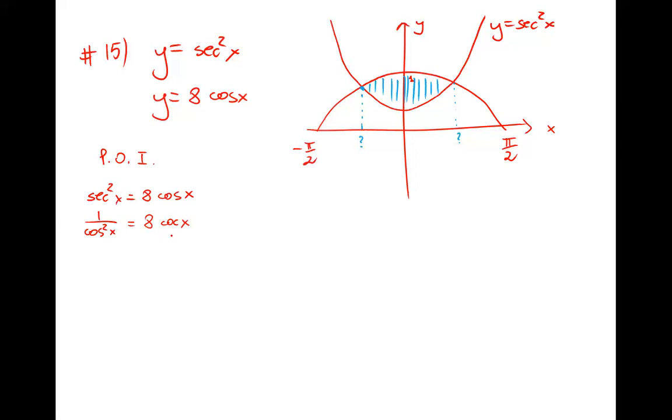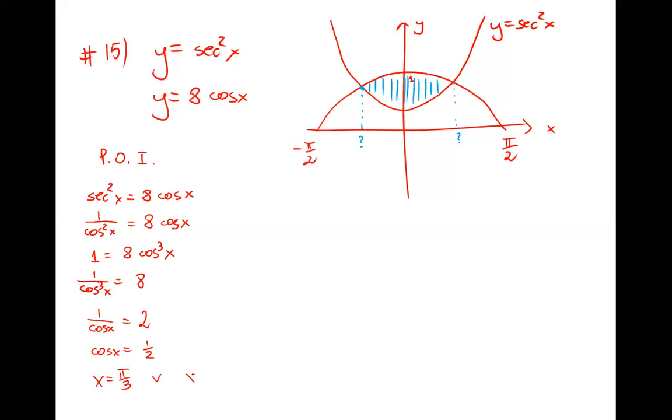Let's multiply both sides by cosine square, then I will have cosine cube of x. Actually, let me divide by cosine cube of x, and then if I take the cube root, I have 1 over cosine of x equal to 2, then I can flip: cosine of x is 1/2.